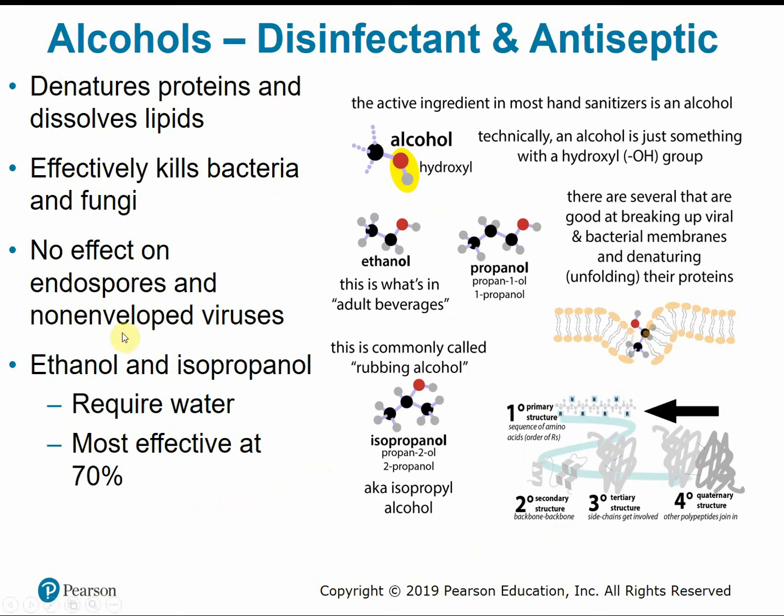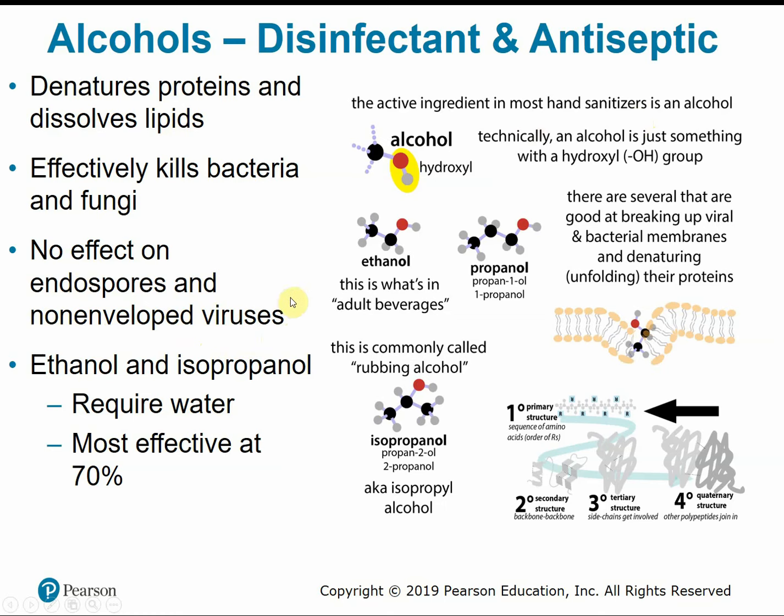An envelope is basically kind of like a cell membrane. It's a lipid membrane around the viruses. So if it dissolves lipids, but there are no lipids on these viruses, then it's not going to be very effective. Viruses that do have envelopes, like coronavirus, which is an enveloped virus, would be affected by alcohols like those found in hand sanitizer.